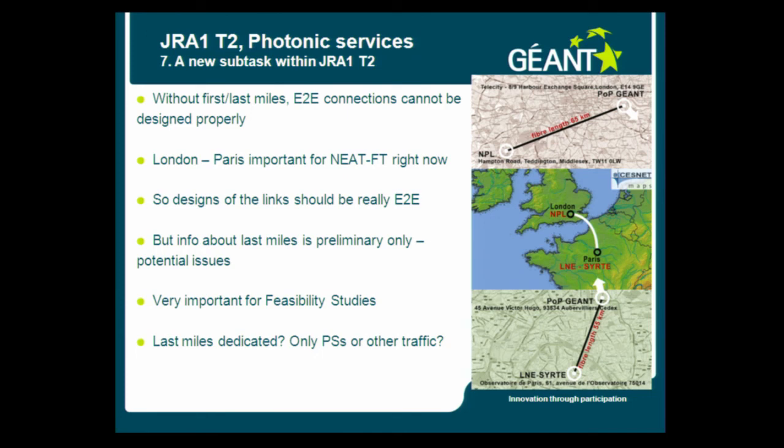And of course it's very important to have all information, especially on first or last miles. Without this information it's really difficult to provide an accurate description. We need to know if these institutions can dedicate this fiber just for metrology, or if they want to mix metrology applications with normal IP traffic, but definitely this will be done.